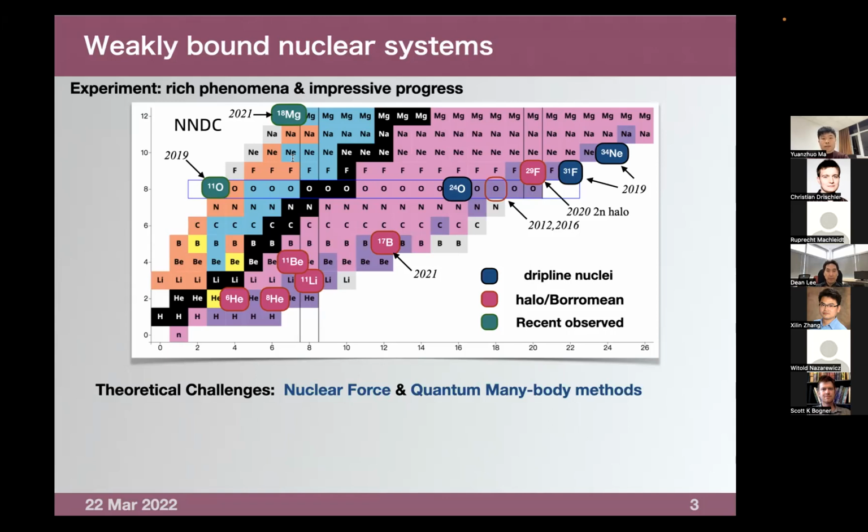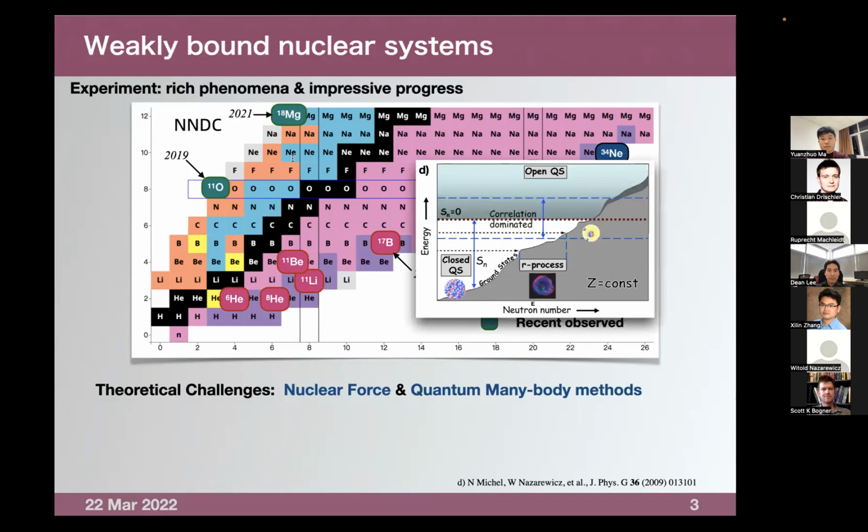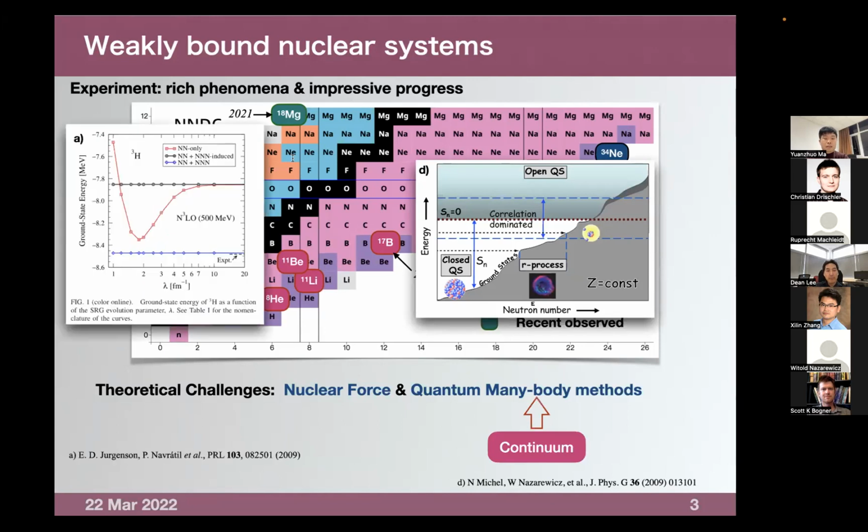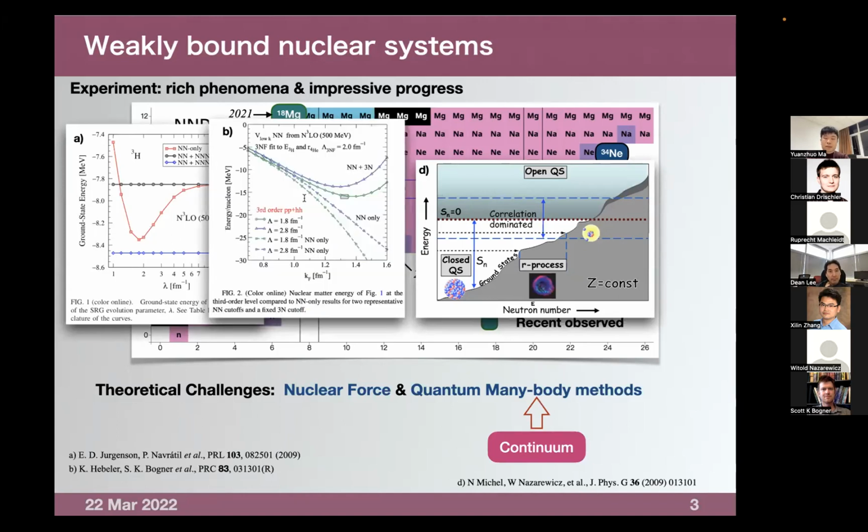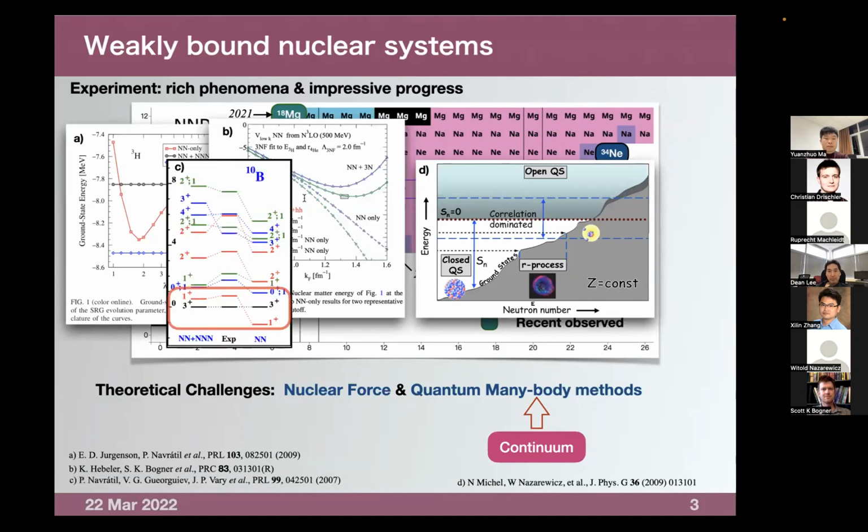On the one hand, these nuclei actually belong to open quantum systems, so the continuum effect could play an important role. On the other hand, recent studies have shown that the three-nucleon force could be crucial, not only for the binding energy and nuclear saturation point, but also for some structure of low-lying states.